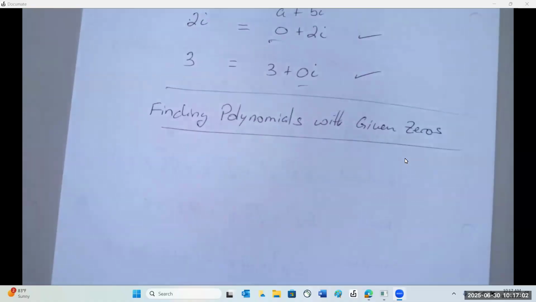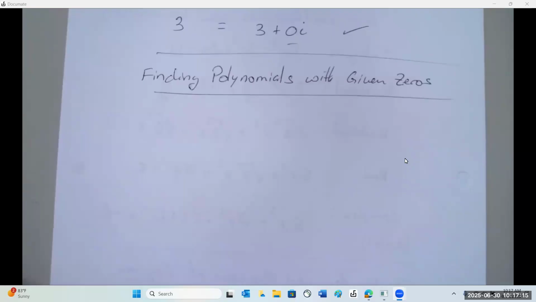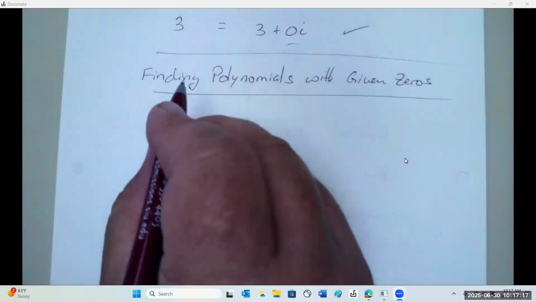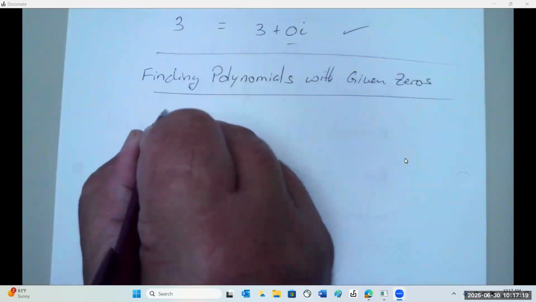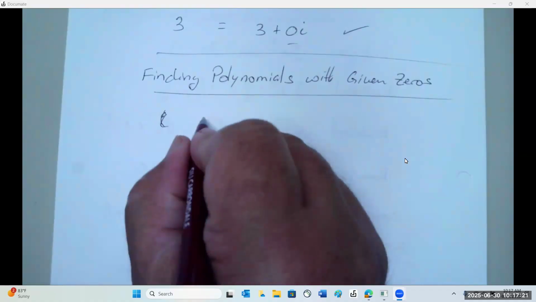Remember how we learned quadratic equations and factoring? I first gave you the numbers and we multiply them together and then we worked backwards. We're doing the same thing here.